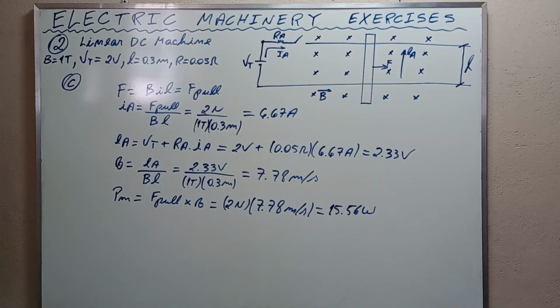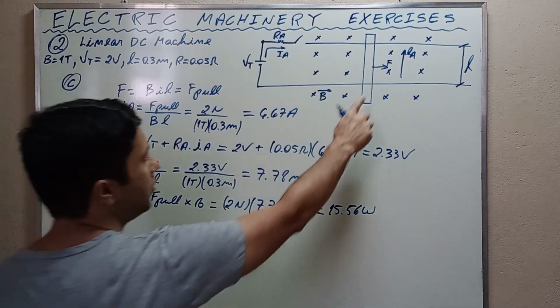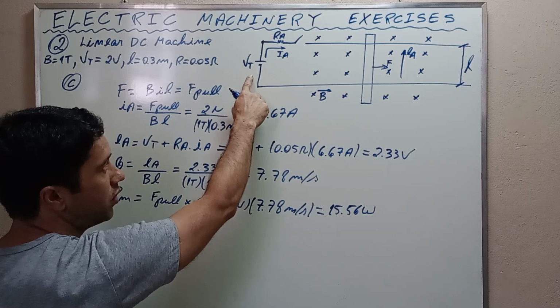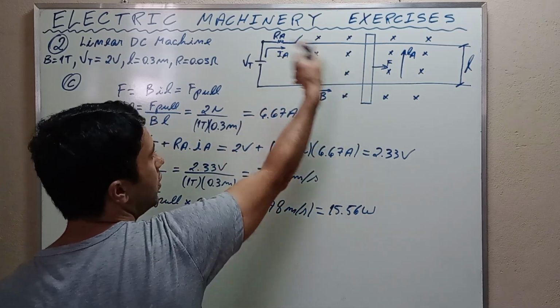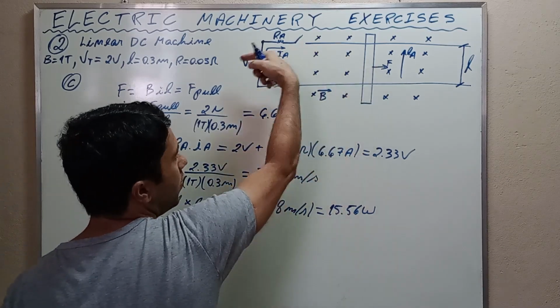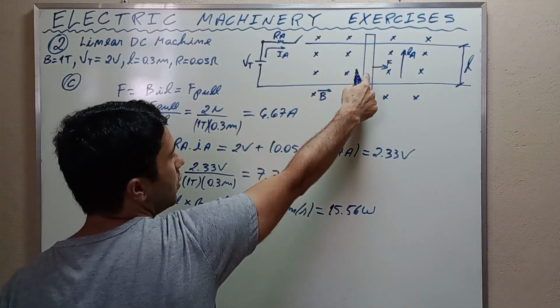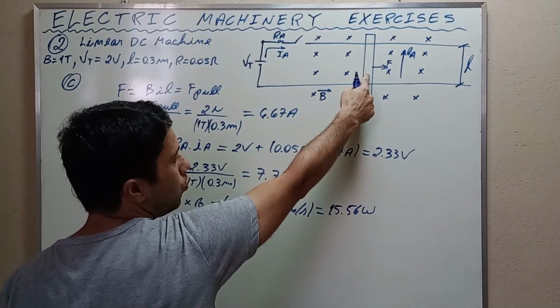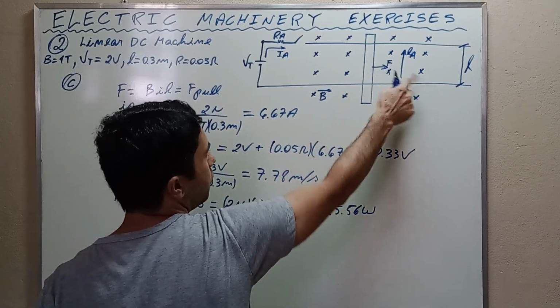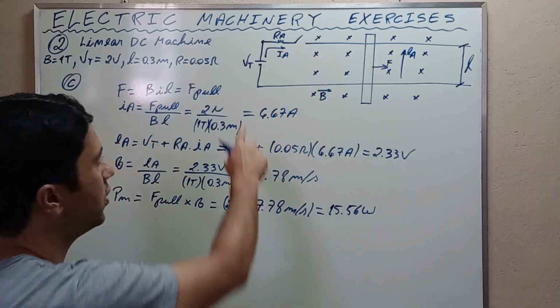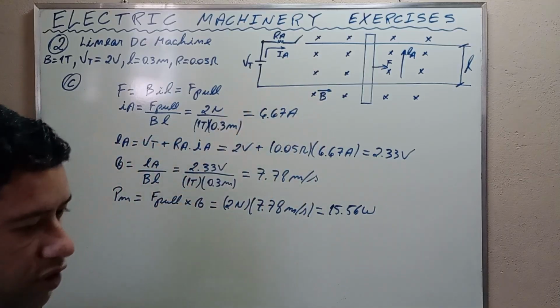Now the power absorbed by the battery. As this induced voltage exceeds the voltage of the battery, in reality the current is going in the opposite direction. The current goes in this direction when there is no pulling force here, but when there is a pulling force, the current goes in the opposite direction and it is charging the battery.